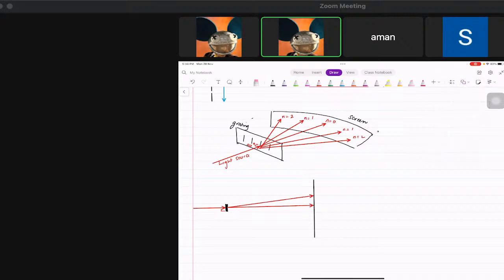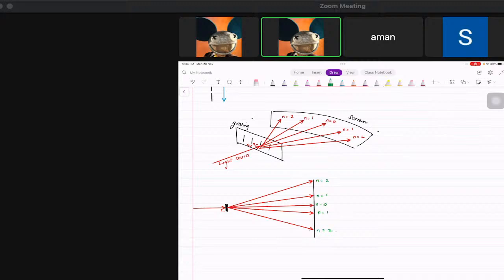And then the maximas on either side. It's very similar to what you've been doing previously. Okay, so here we have n equals 0, n equals 1, 1, 2, and 2.